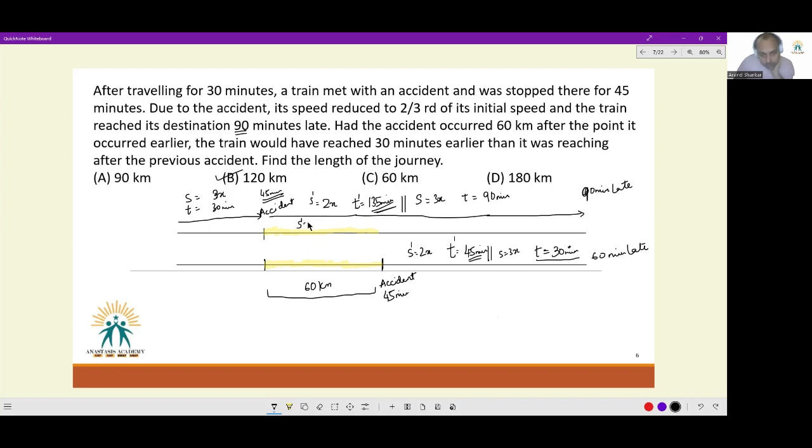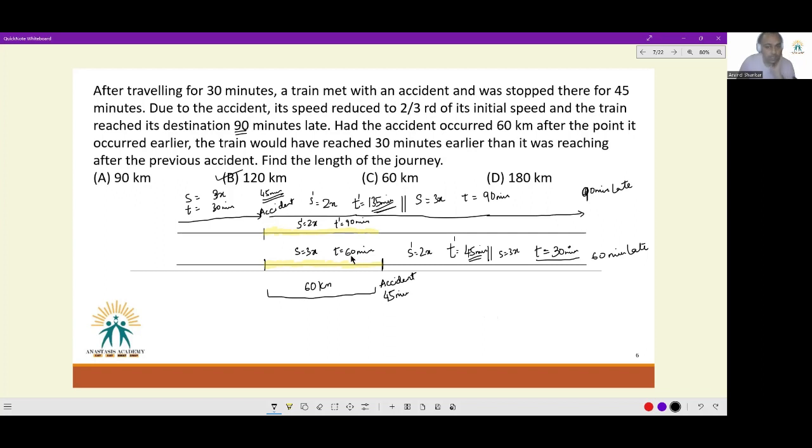So speed here is 2x, speed here is 3x, which means the time taken should be in the ratio 3:2. And if the time taken is 3:2, we know 30 minutes was being saved. So time here for this distance will be 90 minutes, and time here will be 60 minutes, so that the gap between them is 30 minutes.